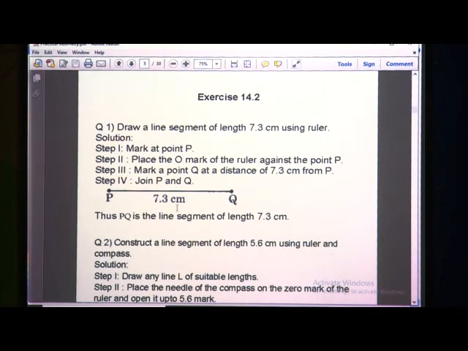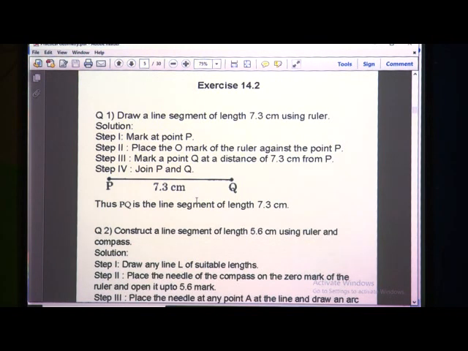Now, next exercise, that is exercise 14.2. Here we are going to see the construction of a line segment. Draw a line segment of length 7.3 centimeters using a ruler.